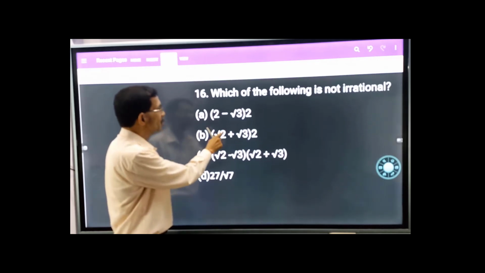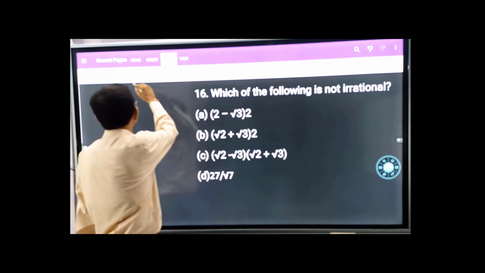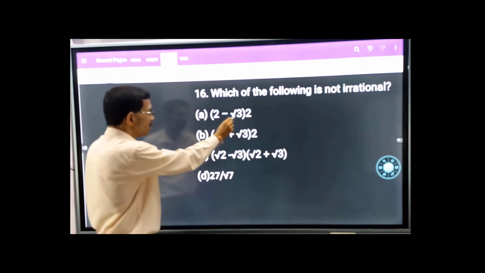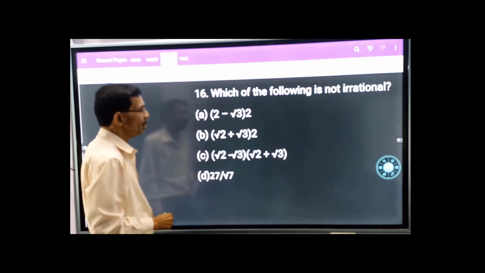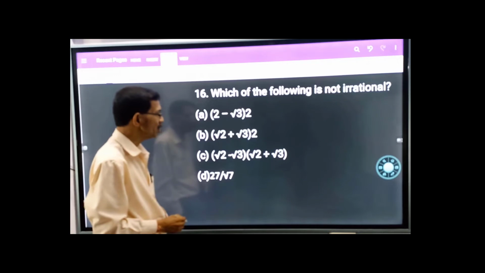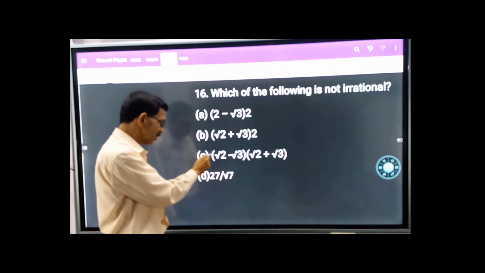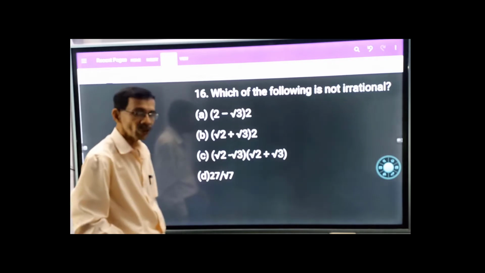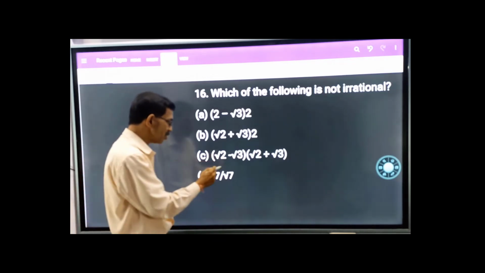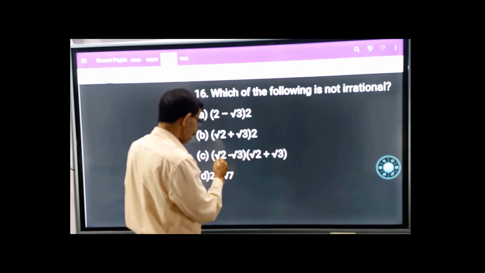Question number 16. Which of the following is not irrational? You see here this is irrational. Second one is also irrational because root is there in it. And third one, let us check. Fourth one will be again irrational number. And this is of the type a square minus b square.